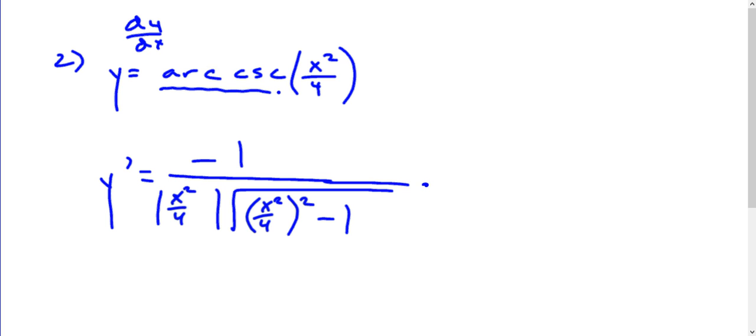We then need to multiply this by the derivative of the inside to finish the chain rule. Make sure you use the chain rule. The derivative of the inside function is 2x over 4, which we can simplify to just 1/2 x. And that would be our answer.